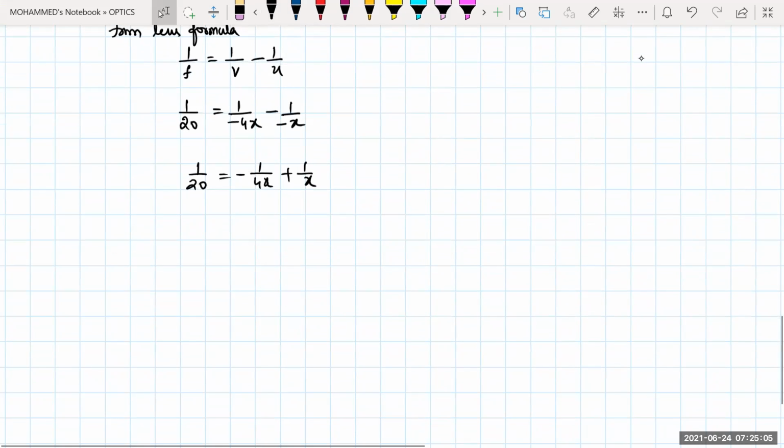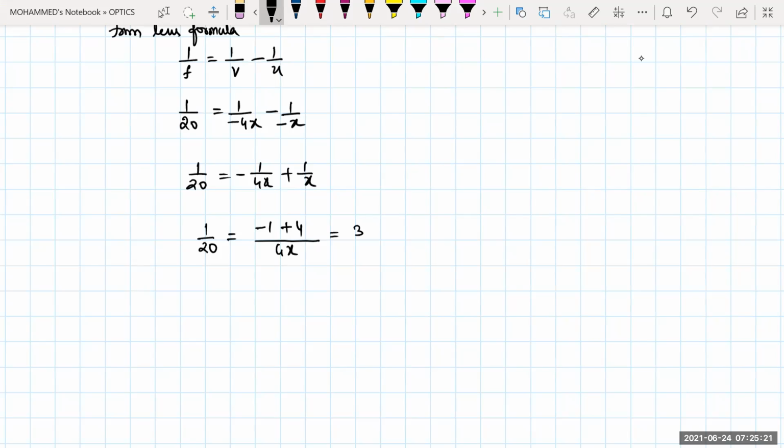Now take the LCM, which is 4 into x. So it becomes minus 1 plus 4 over 4x, equal to 1 by 20. Minus 1 plus 4 is 3, so 3 by 4x. So 1 by 20 is equal to 3 by 4x, so 4x will be equal to 3 into 20. How much am I getting?